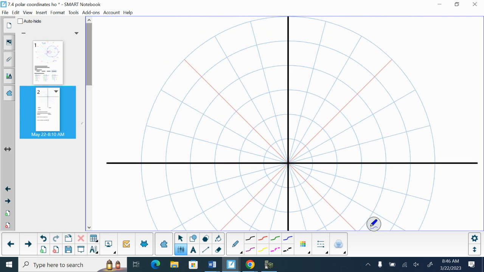We can take a look at conversions from polar to Cartesian and Cartesian to polar. If we take any point here, we can label this point r and theta. This would be the ordered pair r and theta. We can also look at this as an xy coordinate system.